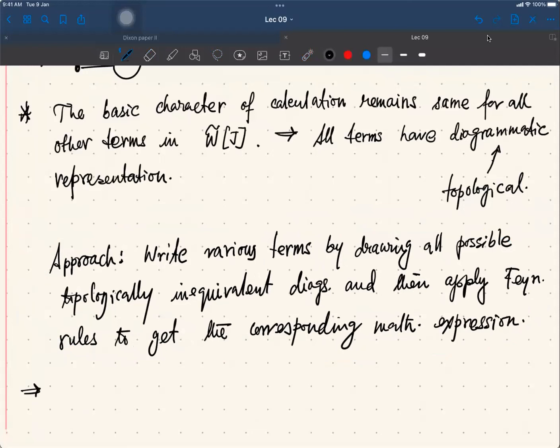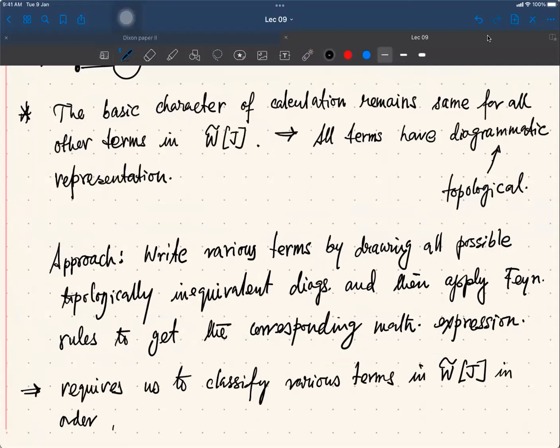So this requires us to classify various terms in W tilde J according to topologies. This is what we shall do next.